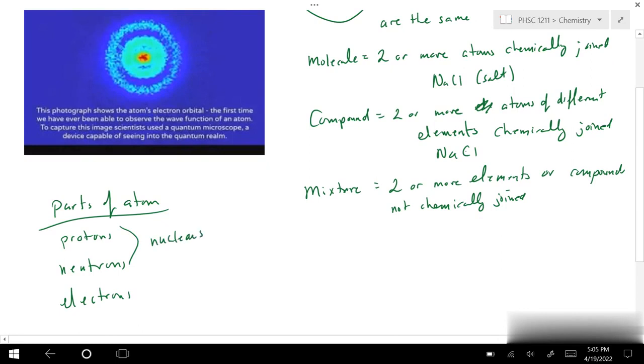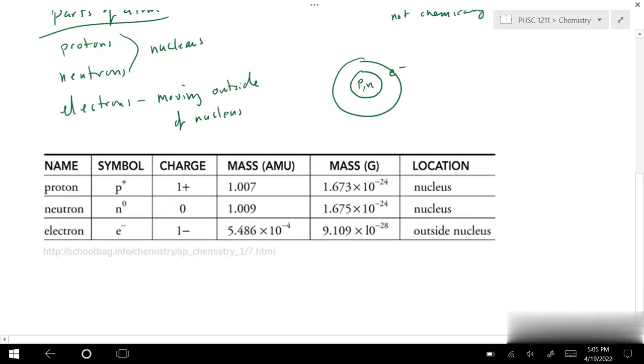Protons and neutrons are in the nucleus, and the electrons are flowing around the nucleus. We know that they're actually free and moving around, and whenever they need to, they'll jump into a shell closest to the nucleus. But for our sake, for drawing them, we'll take a nucleus, put the protons and the neutrons inside, and have the electrons going around.